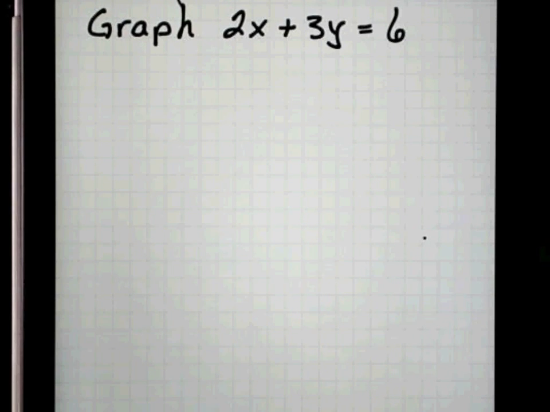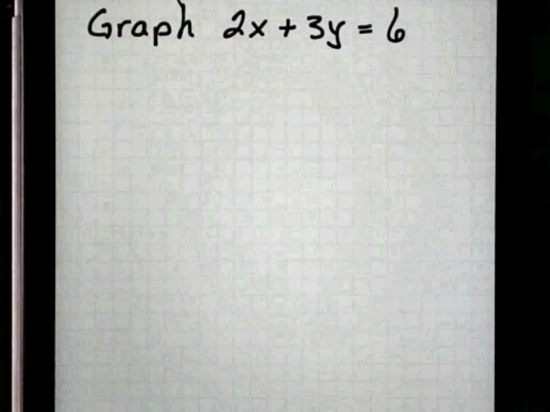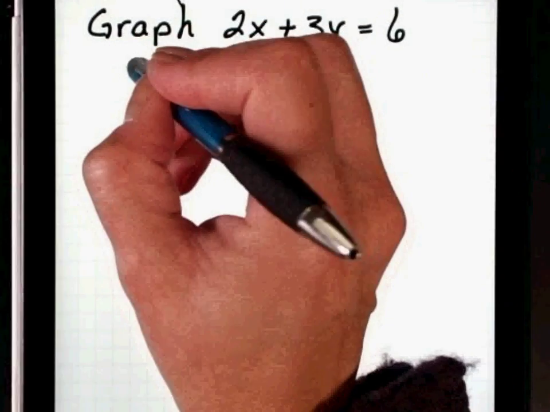The deal is you can pick any number you want for one of those two coordinates. You can pick any number you want for x or any number you want for y. We can only pick one, but then we get to find the other one from the equation.